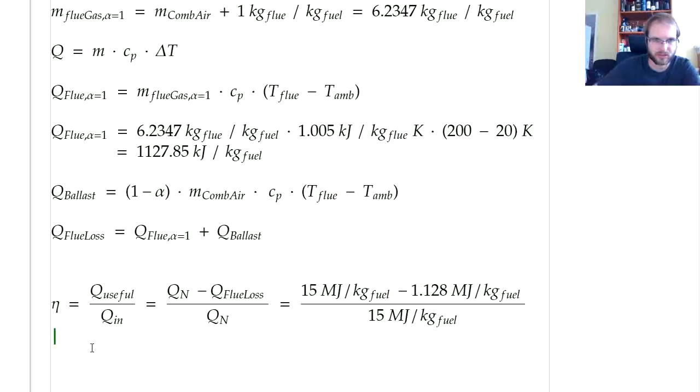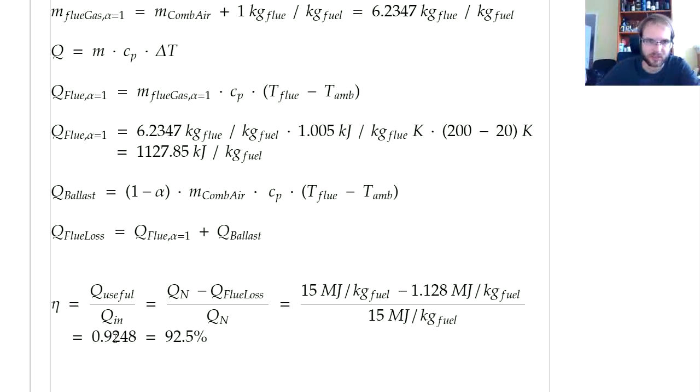So putting that in again and calculating the numbers, we should get that the efficiency is 0.9248, or roughly 92.5%.